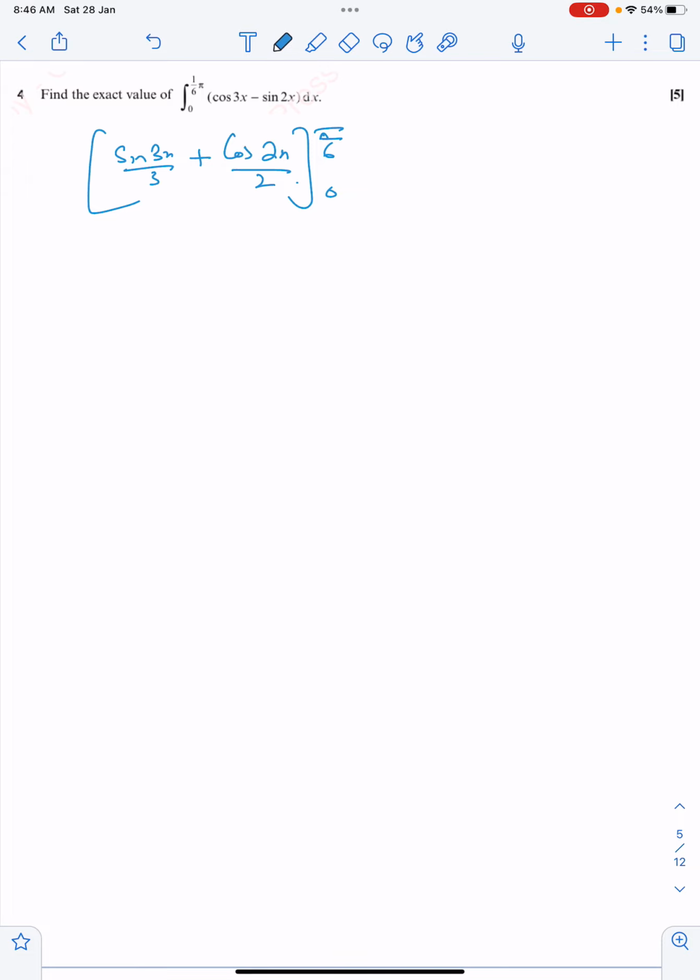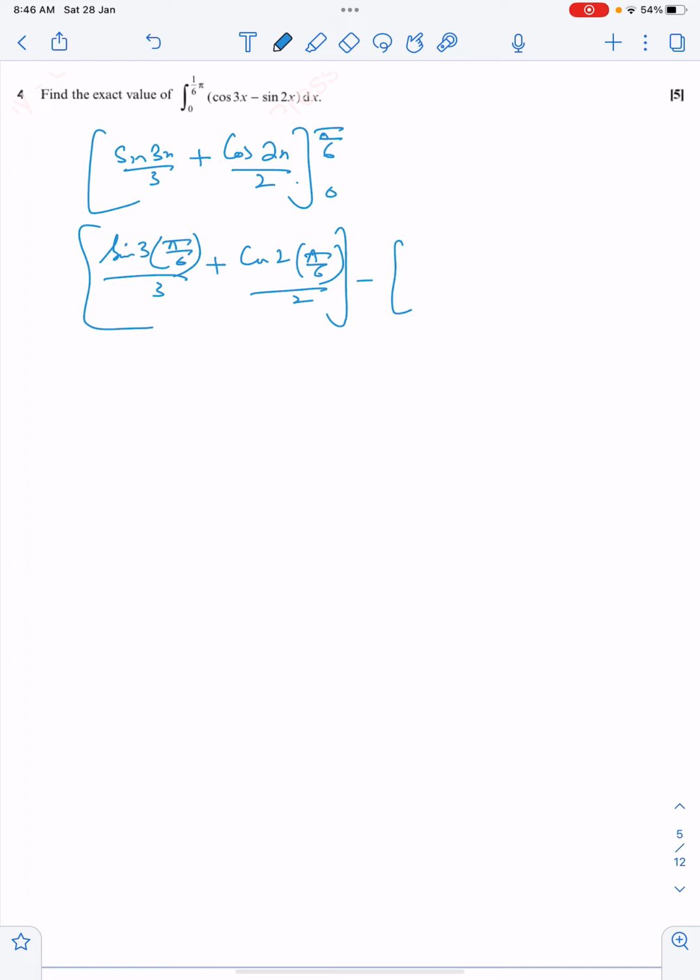Okay, I'm putting the values now. Sine of 3 pi by 6 upon 3 plus cos of 2 pi by 6 upon 2 minus sine of 0 is 0 only, 0 upon 3 is 0, plus cos of 0 is 1, so 1 upon 2.